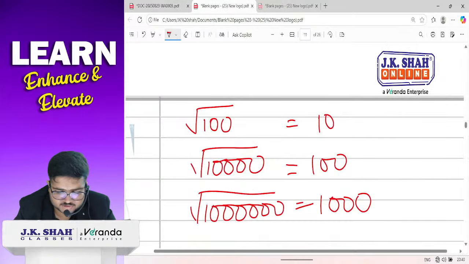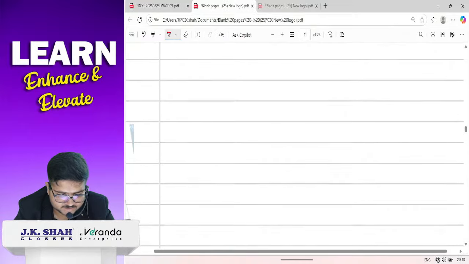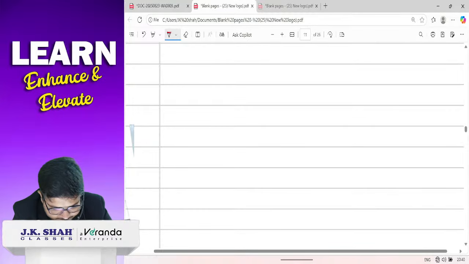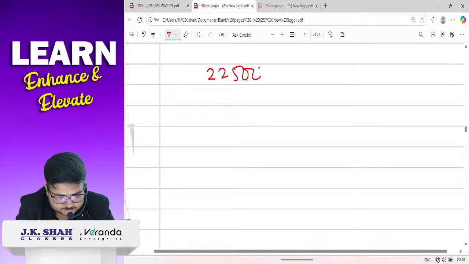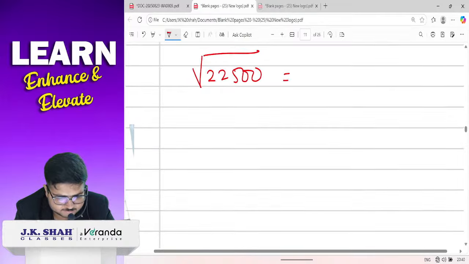See, if it is a 4 digit number. No, we'll take, wait. For example, it is 22500. Root of 22500, right? It is a 5 digit number.